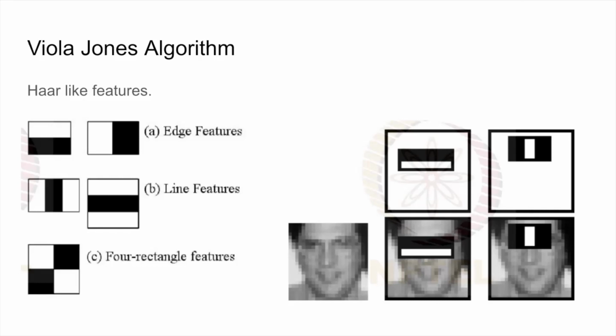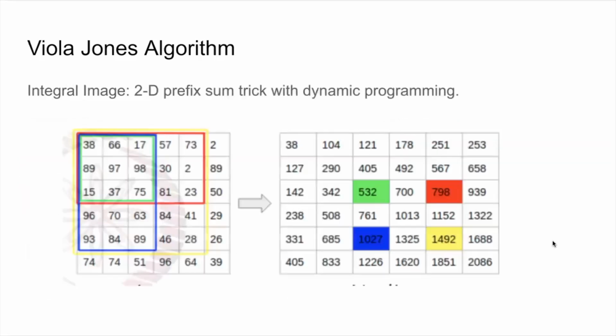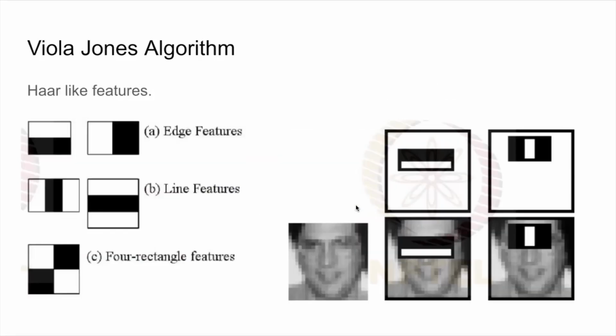They made it analogous to the face: if you look at the eye, the black region is on the top part of the eye and the white in the bottom. Or it can be represented using three-rectangle Haar-like features like this here. So this is the Haar-like features feature map.